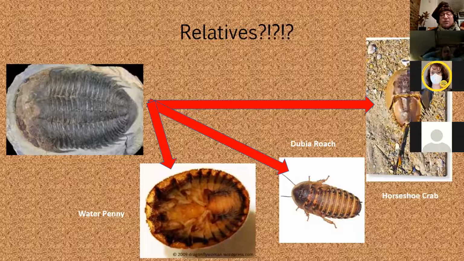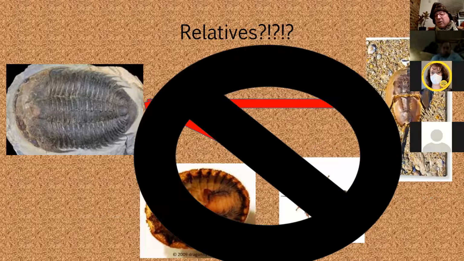How much those resemble a trilobite. Are they relatives? No, they are not. It's a misconception with a lot of people. Again, the only modern day relatives, and it's distant relatives that we had the trilobites, are spiders, and more so the sea spiders.